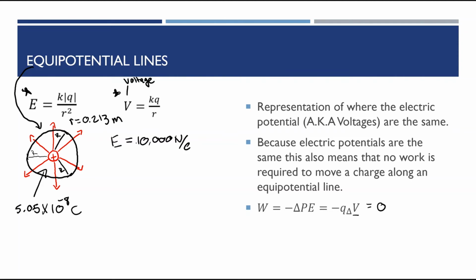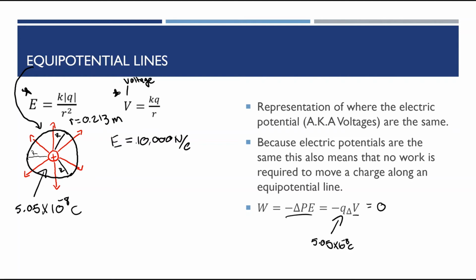We also know that work is equal to the negative change in potential energy, but is also equal to the negative charge times the change in voltage. So if we were to plug in what we just solved for Q, our 5.05 times 10 to the negative 8 coulombs here for our Q, we'd plug that in and multiply that by our delta V.